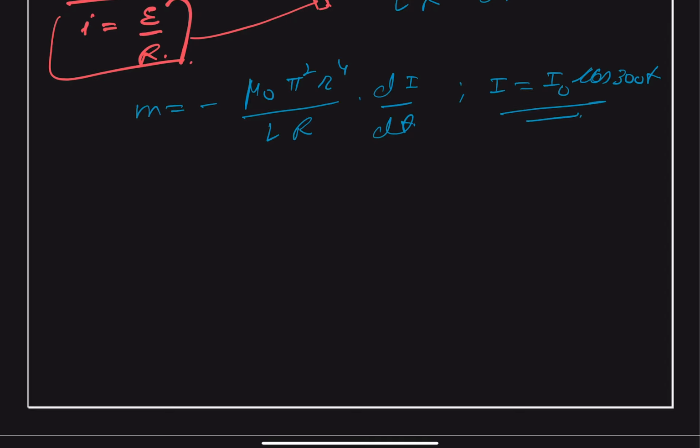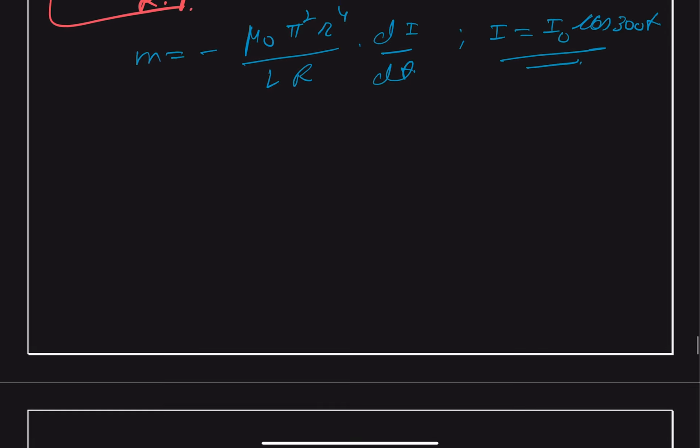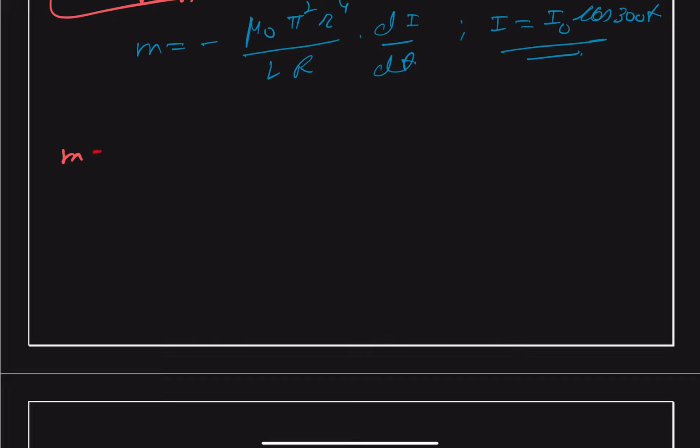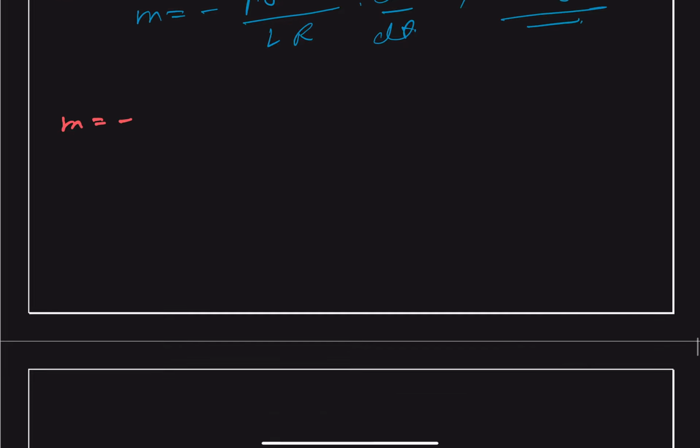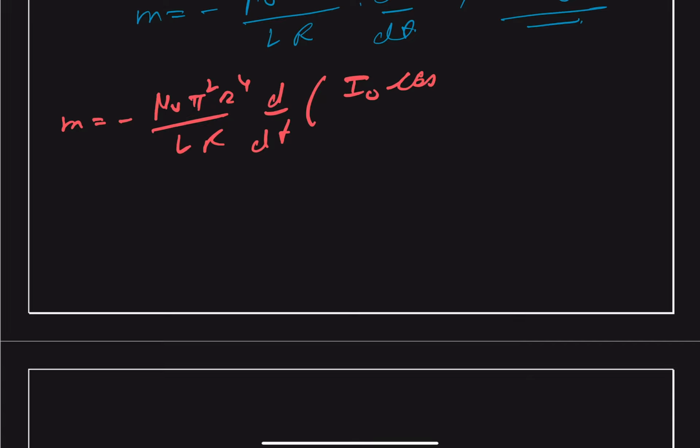So we substitute the value, we get our magnetic moment m is equal to minus mu naught pi square r to the power 4 divided by LR, d by dt of I naught cos of 300 t.